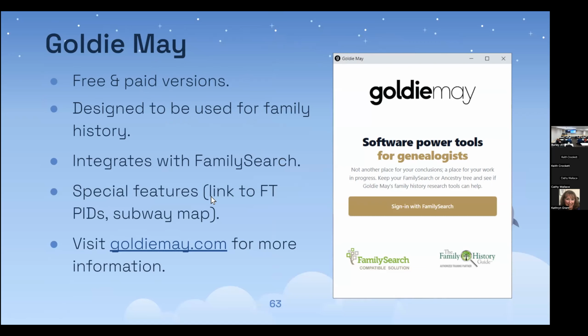There are features where you can stick in a PID and it will actually link to the person's record in FamilySearch. There's also a cool feature called a subway map that is a graphic way of illustrating anomalies on the person.